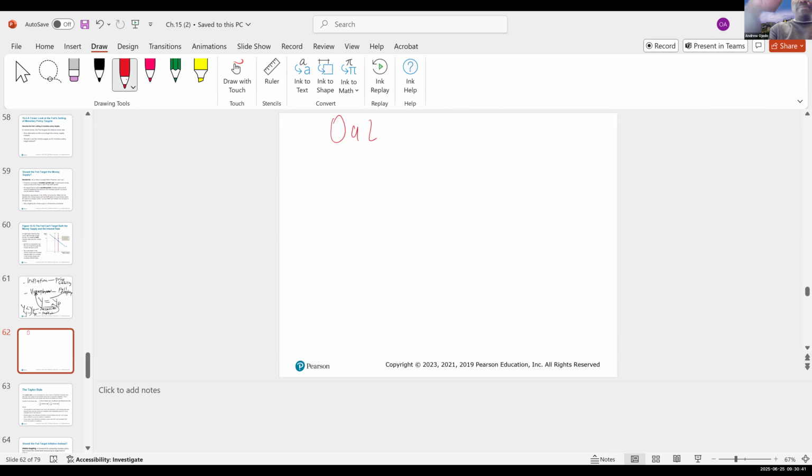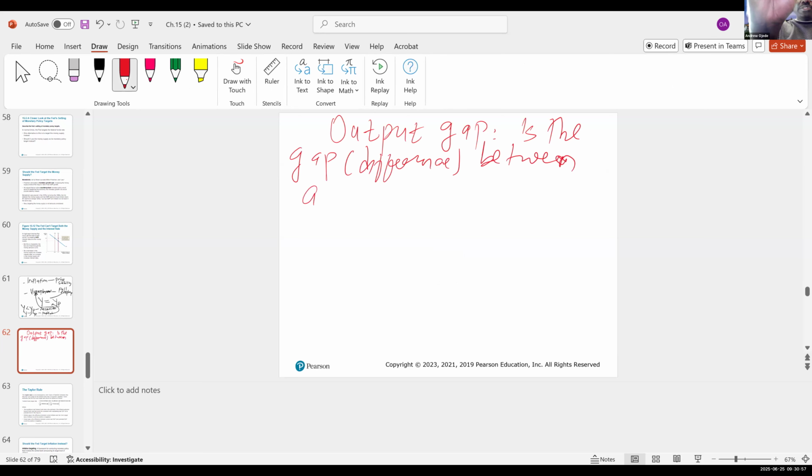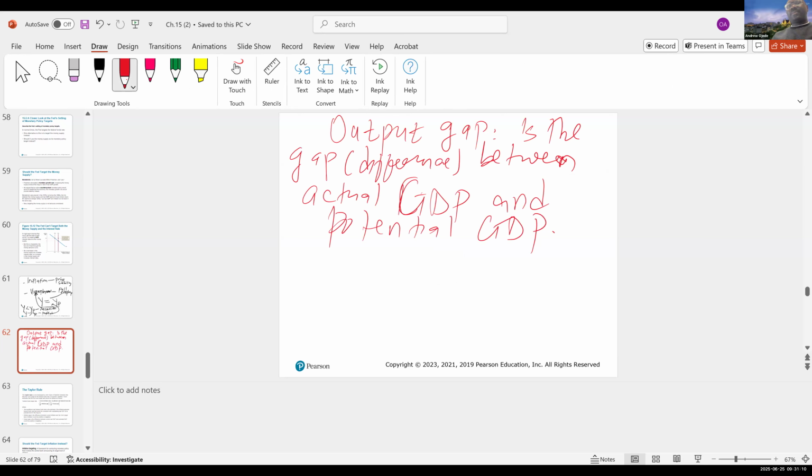So the output gap is the gap or difference between actual GDP that the economy produces and potential GDP. So if I say Y minus YP, that is what we are calling the output gap.